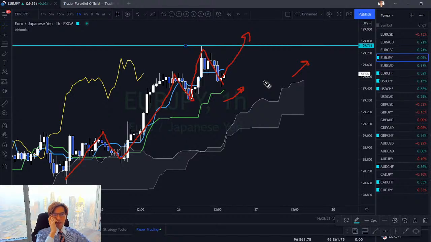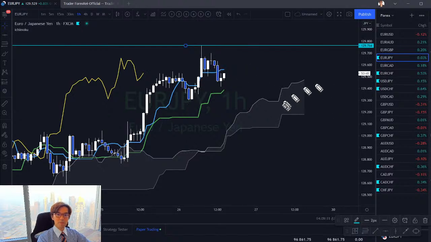From here, my eyes are set to buy in this market. I will never think about selling it. I will only look for the buy chance in this particular market. But I won't buy here now. I won't buy just because the market is up by Kumo and Kijun Sen, because the market might be bearish from here in the lower time frames.